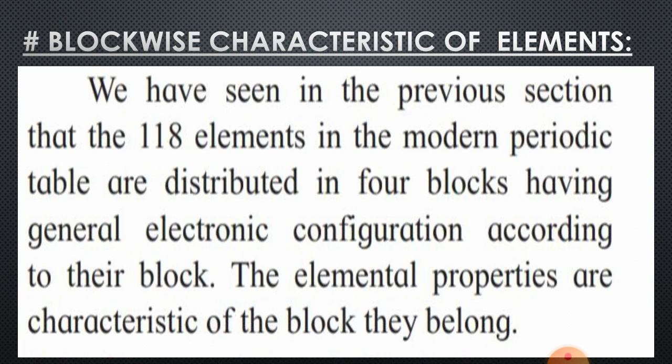Fine, we have studied this whole thing in detail. So the elemental properties are characteristic of the block they belong to. Whatever elements are present in the respective blocks, they represent the characteristic property of the block to which they belong. Understood, students?